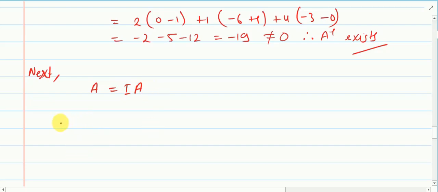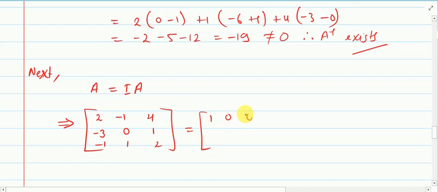So A is 2 minus 1 4, minus 3 0 1, minus 1 1 2, then the identity 1 0 0, 0 1 0, 0 0 1, and here matrix A. Since we are not going to operate on this matrix A, we can simply denote it by its symbol.